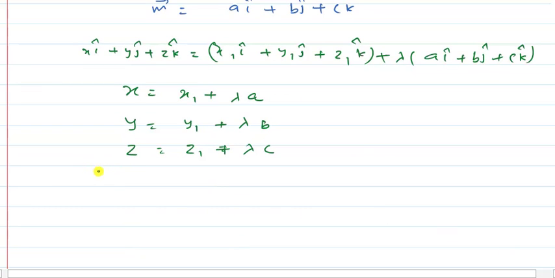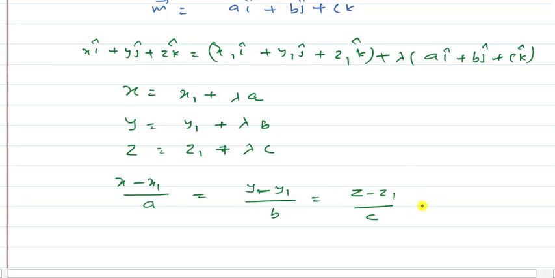So from here we get x minus x1 upon a is equal to y minus y1 upon b is equal to z minus z1 upon c is equal to lambda, and this is the Cartesian equation of the line.